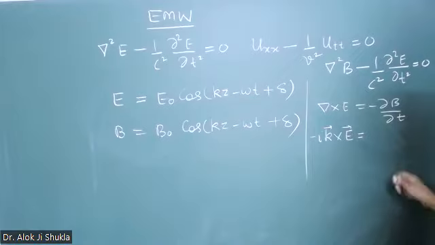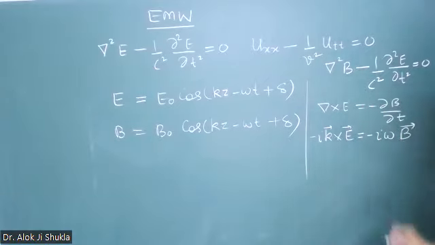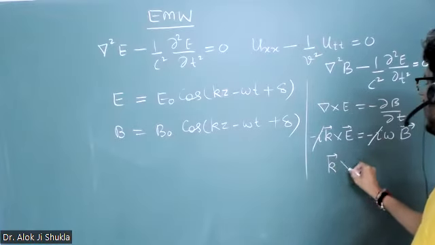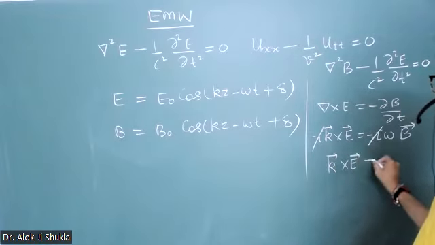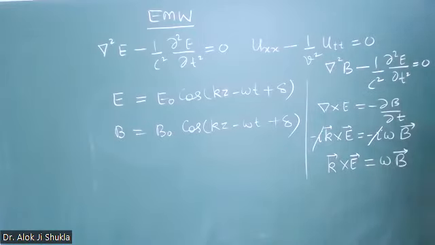Minus i omega into B, correct? So this cancels. So k cross E is equal to omega B. Yes or no? For the plane wave, k cross E is equal to omega B, right?